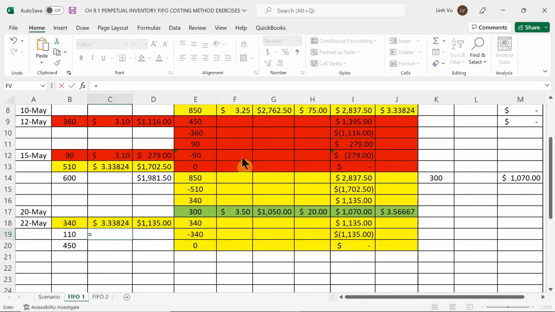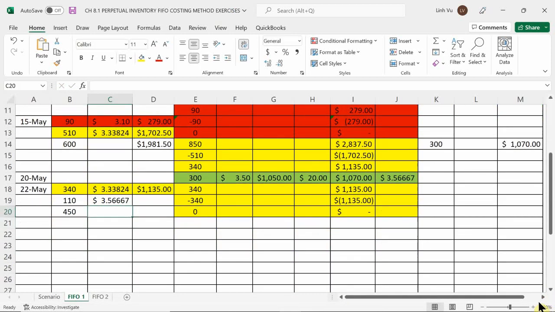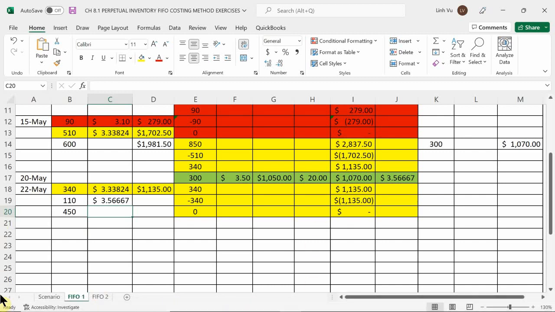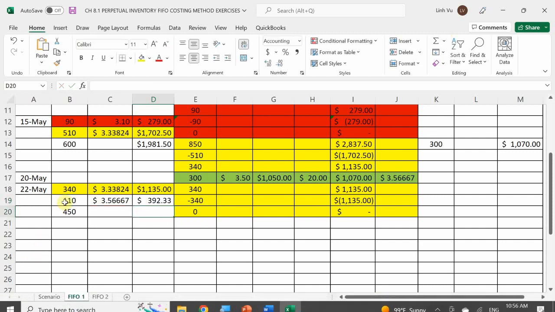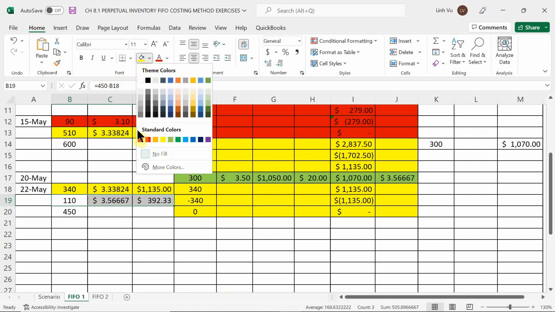In this case, what is going to be my grand total cost of goods sold if I sold 110 units at $3.56666666? $392.33, and this came from my green batch of inventory.